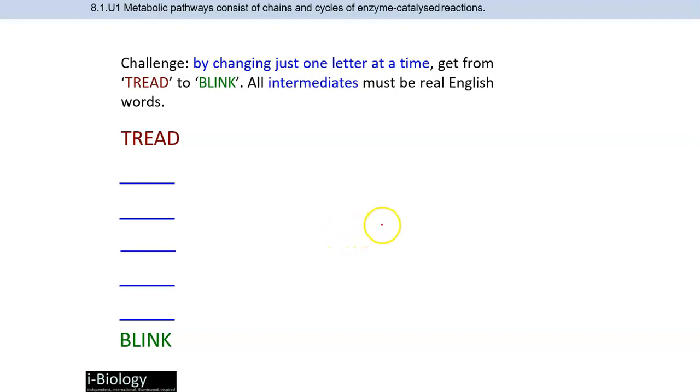So let me know how much you can guess from this word until reaching this word. You can put some other letters and then finally get the last word as blink.